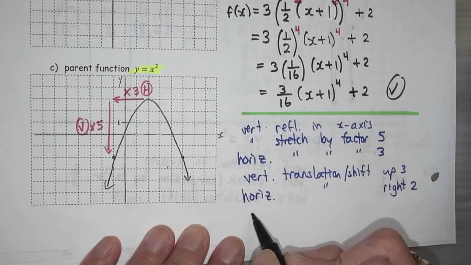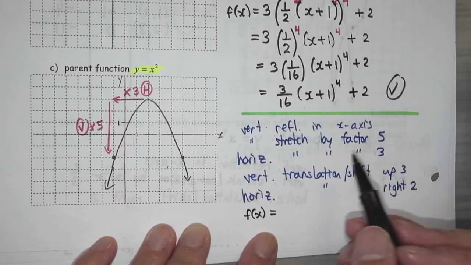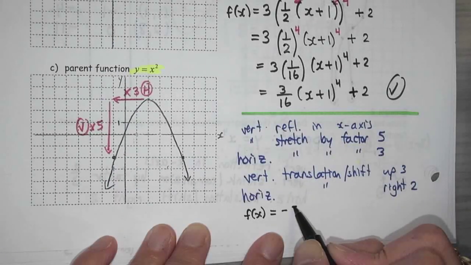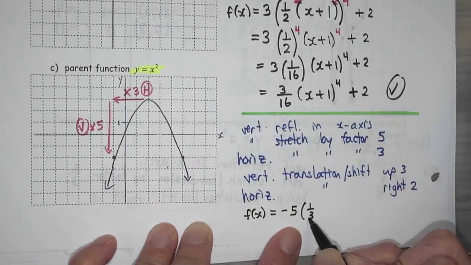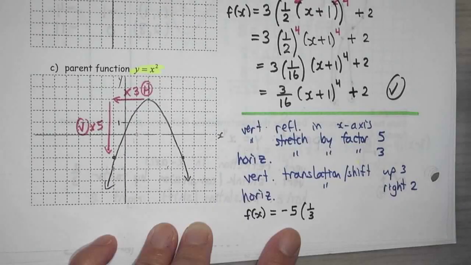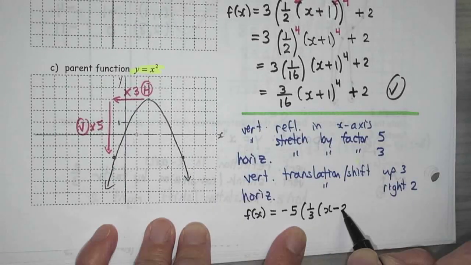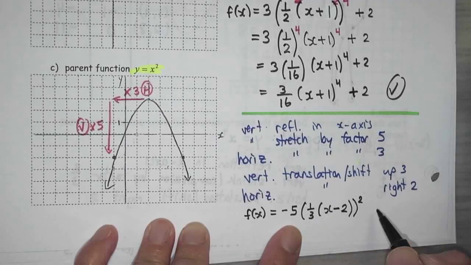Let's do our simplification, though. So f of x, or y equals, and we're going to do, so vertical reflections are going to be negative. Factor by a 5. Horizontal would be 1/3. And then in the horizontal, x minus 2. Square it. Don't forget the squared. And you're going to go up 3, so plus 3.